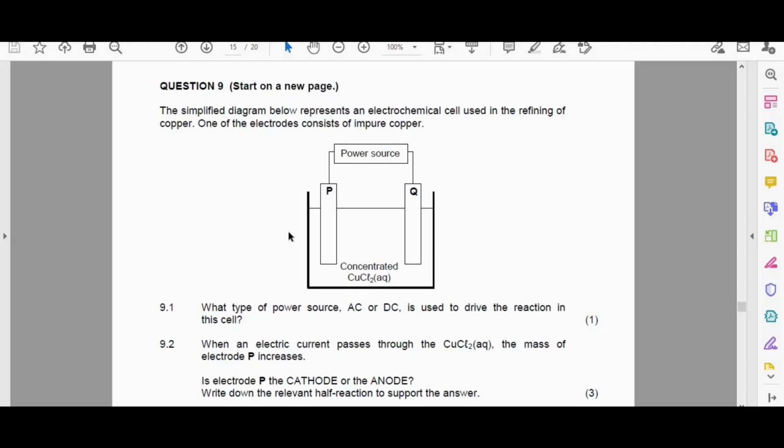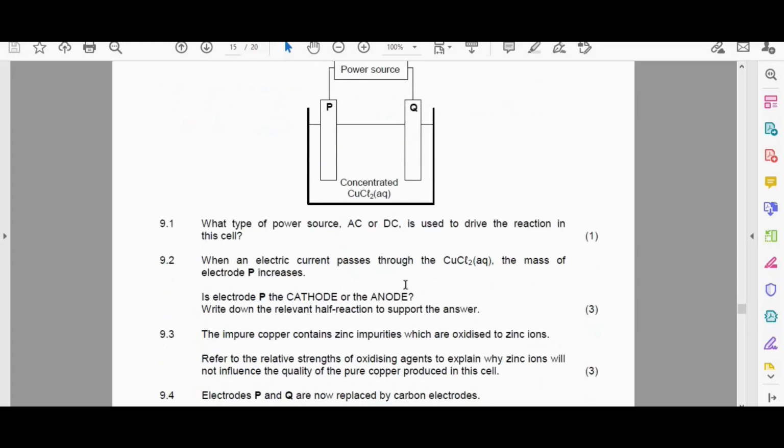9.2: When an electric current passes through the concentrated copper chloride solution, the mass of electrode P increases. Now, the similarity here is that when the mass of a certain electrode increases, that obviously means a lot of ions are being attracted to it.